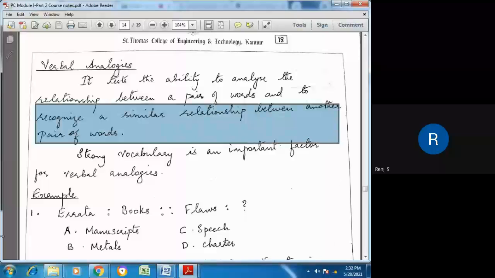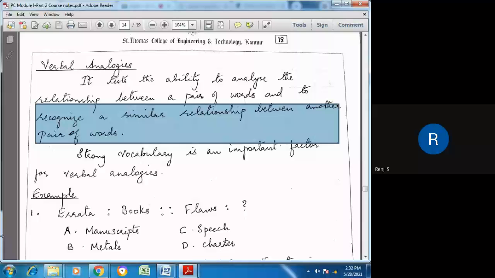So you will be given two pairs. Looking at the first pair, you have to identify a relationship. In the second pair, one word might be missing. You have to find the word that matches the second pair, following the same relationship as the first one. So strong vocabulary is an important factor.